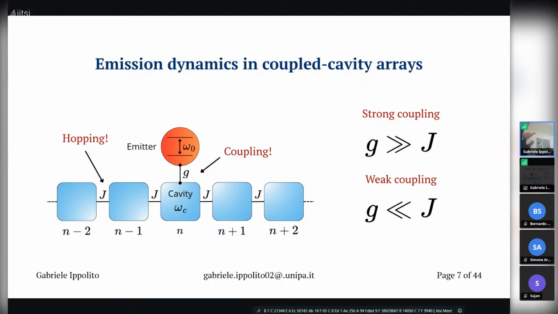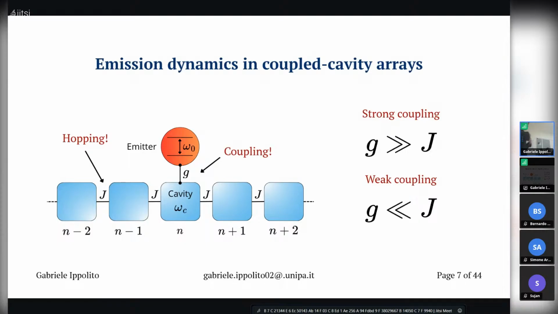J is the hopping rate, and g is our coupling strength. Depending on whether g is greater than J or vice versa, we can identify two regimes: a strong coupling regime and a weak coupling regime, where g is much smaller than J.